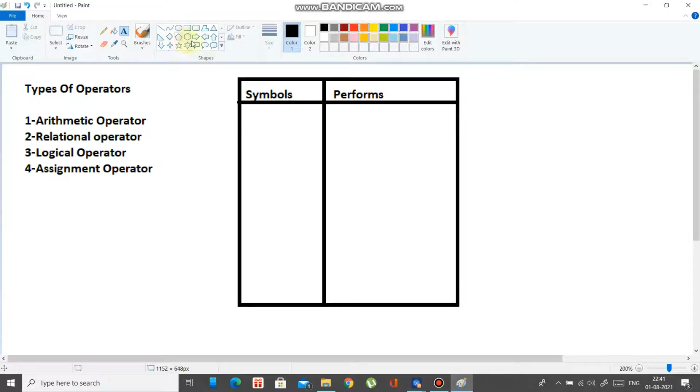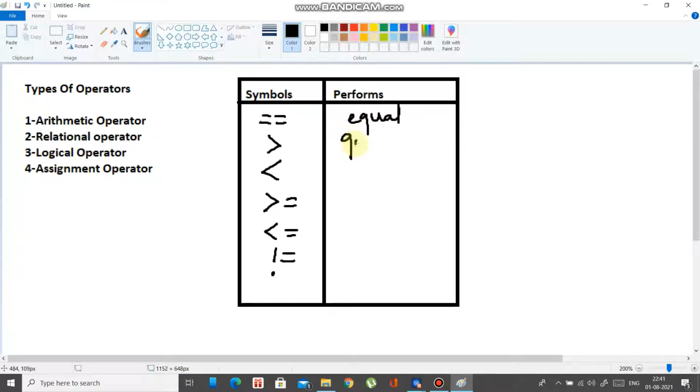There is the equal to operator, greater than operator, lesser than operator, greater than or equal to operator, lesser than or equal to operator, and not equal to operator. The equal to operator shows whether the operands are equal or not.